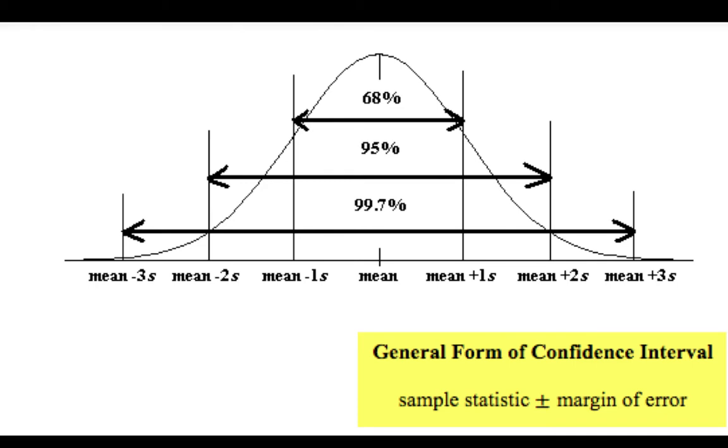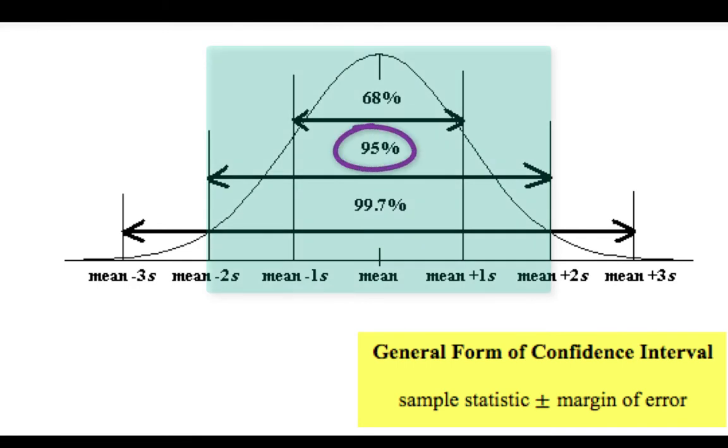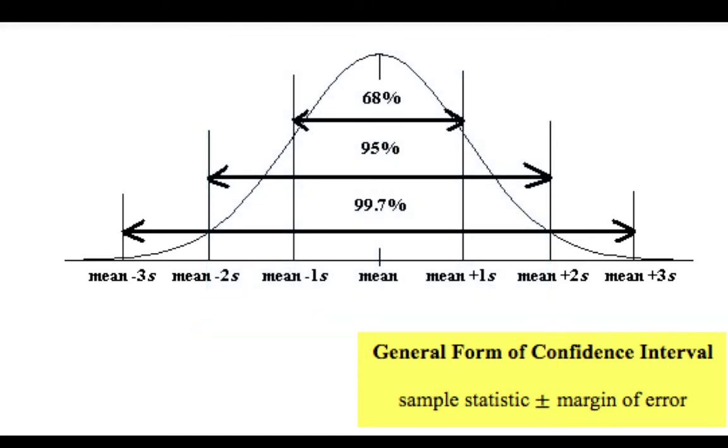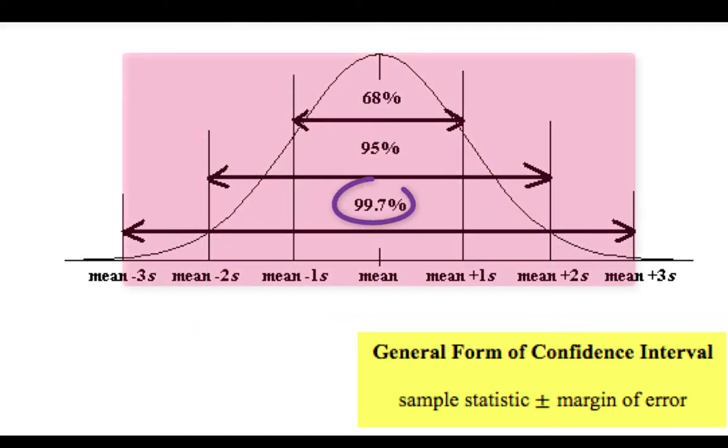This is a normal distribution showing the empirical rule. Recall that 95% of the normal distribution falls within 2 standard deviations of the mean. 99.7% of the normal distribution falls within 3 standard deviations of the mean.